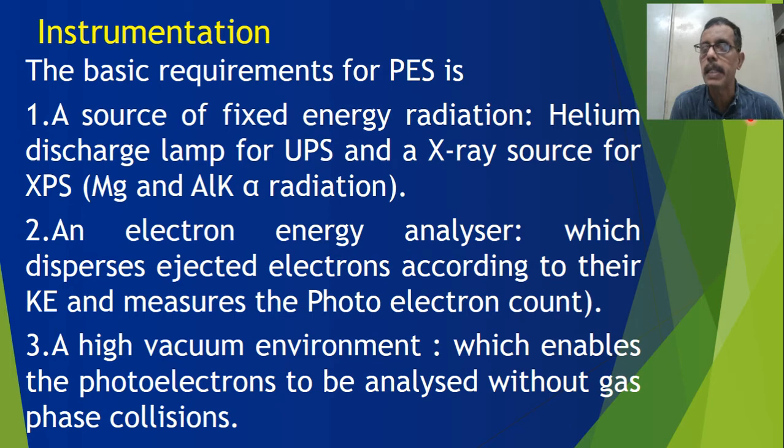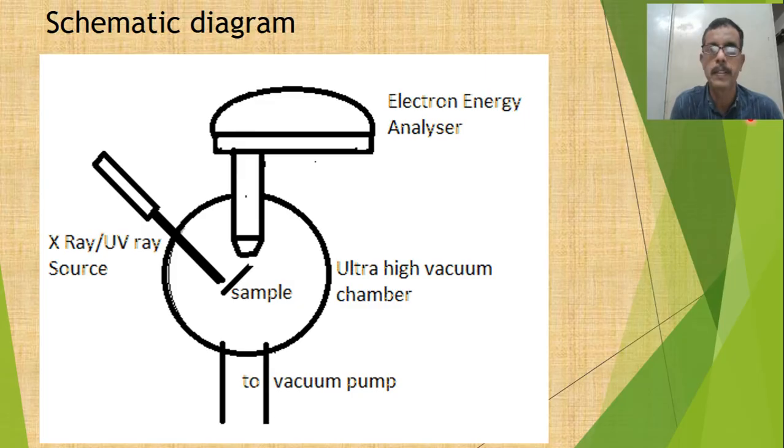And again, an ultra high vacuum is required for carrying out the process. That is because if gas molecules are present, they will collide with the electrons and the kinetic energy of the electrons will change. You can see the schematic diagram of the instrumentation.